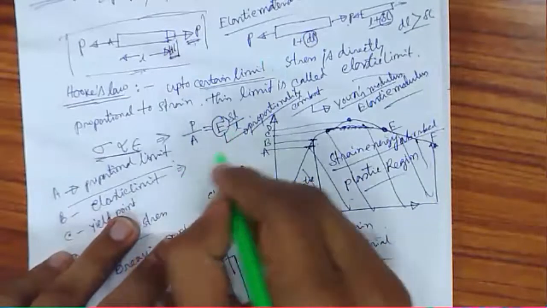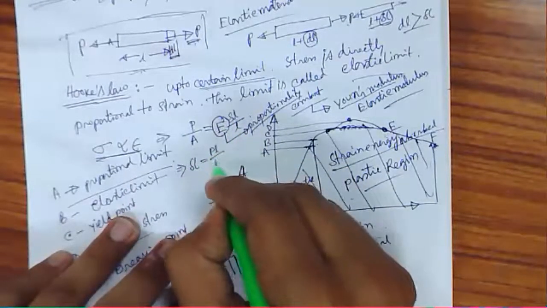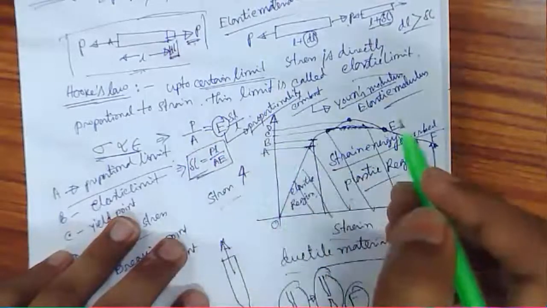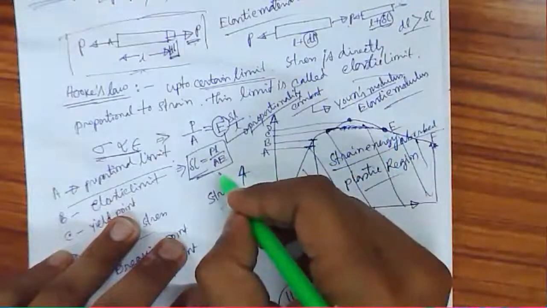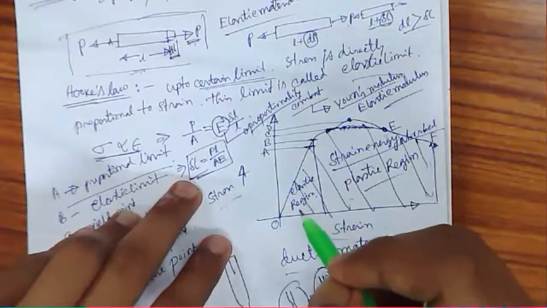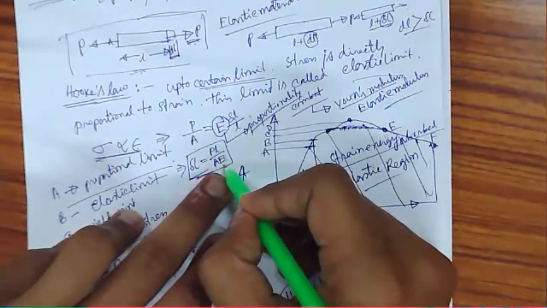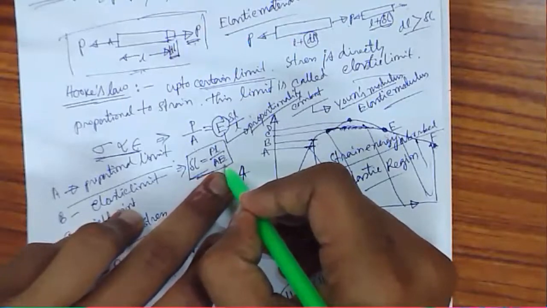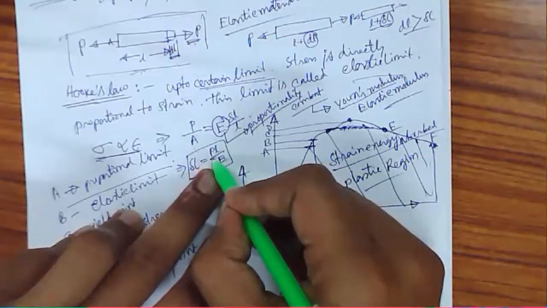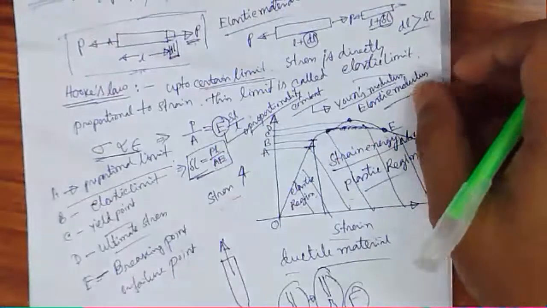So from here we can write delta L is equal to PL by AE. So this is the formula through which we can find the elongation of an object having length L, area A, elastic modulus capital E, and under a tensile or compressive load of P. Okay, so is it clear?